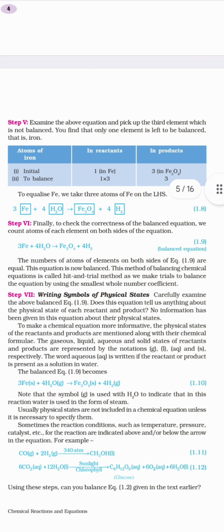And if something is present in solution, then AQ, that is aqueous, is written. That aqueous has to be taken into account. Now note that the symbol G is used with H2O to indicate that this is water in the form of steam.